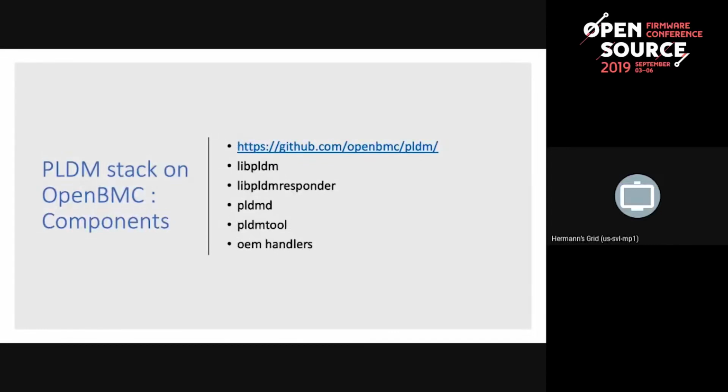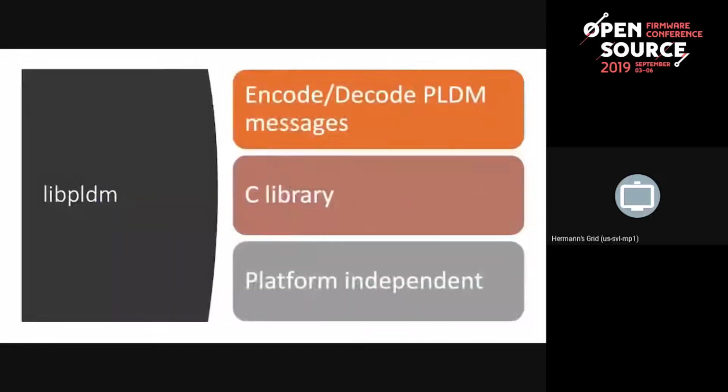Okay, so this is the next slide. We look at some of the components that form the PLDM stack on OpenBMC. I actually have a slide for each of these, so let's look at that. The PLDM stack on OpenBMC has a library called libpldm.